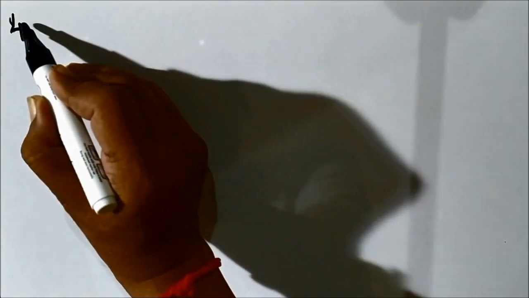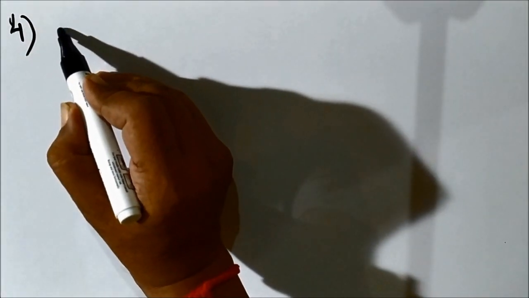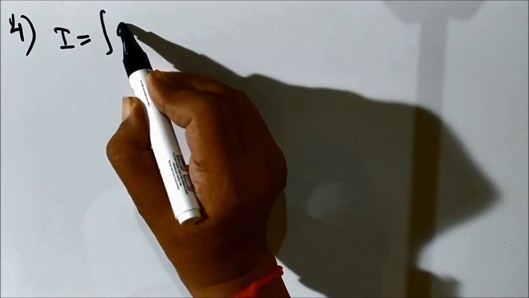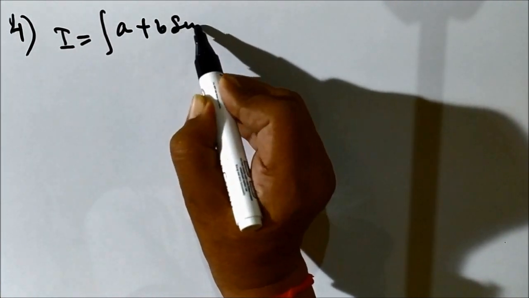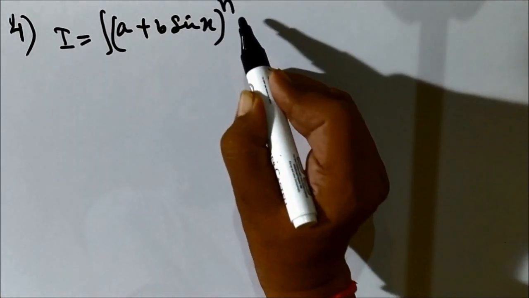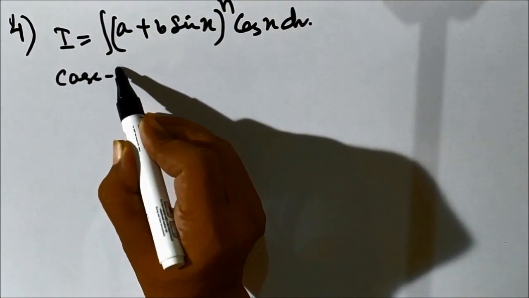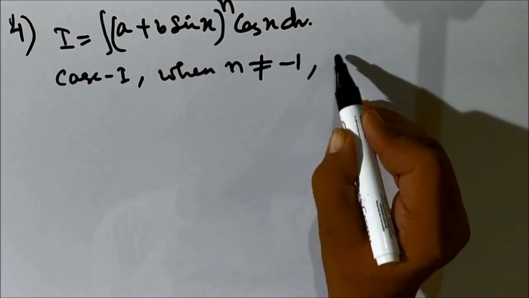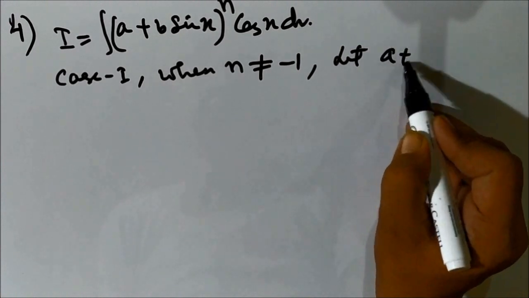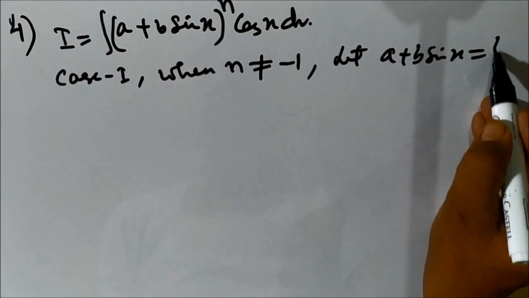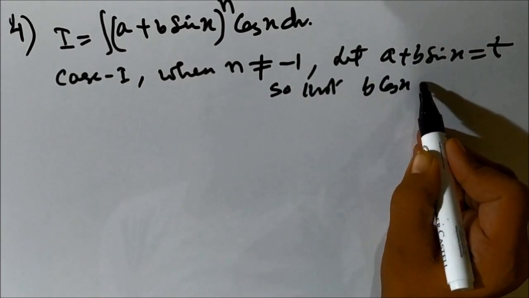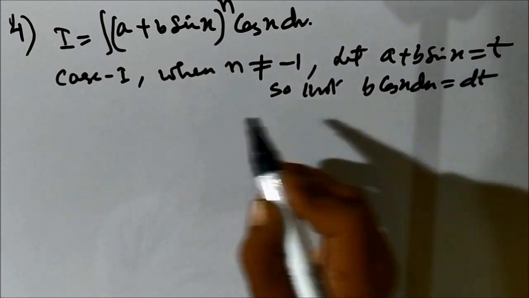Question number 4. Find the value of the integral I equal to the integral of (a plus b sin x) to the power n cos x dx. Case 1: when n is not equal to minus 1, let a plus b sin x equal to t, so that b cos x dx equals dt.